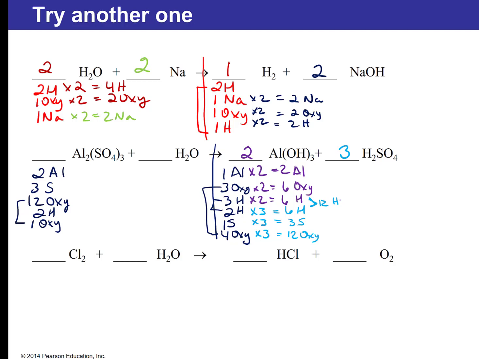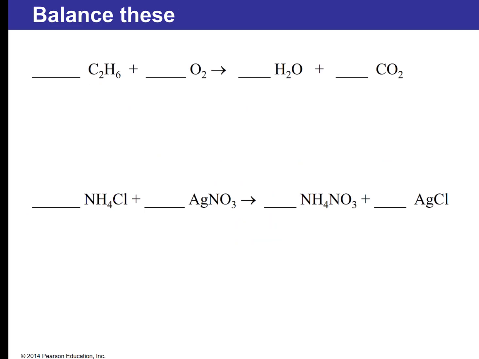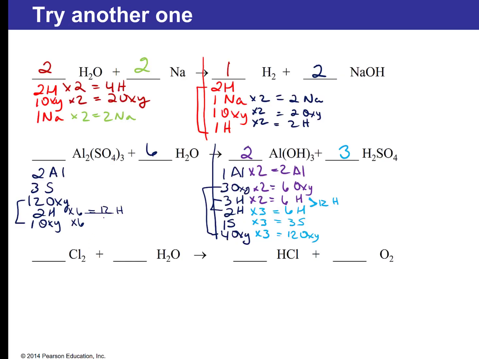How many H2O? So I'm going to have to change that. So this is going to need to be a 6. That means that this is a 6 and this is a 6. So then now I have 12 hydrogens. And 6 more oxygen.